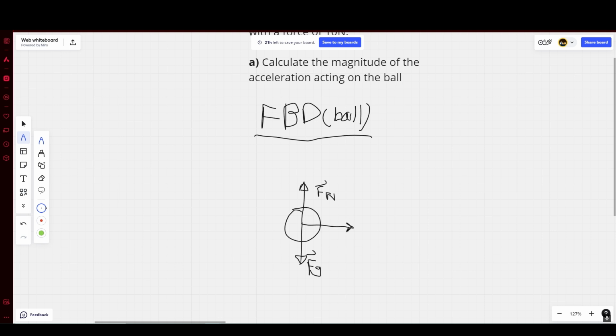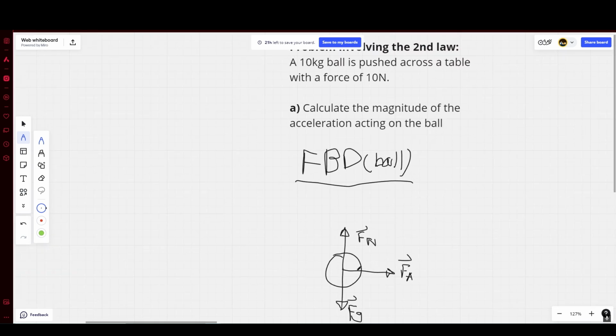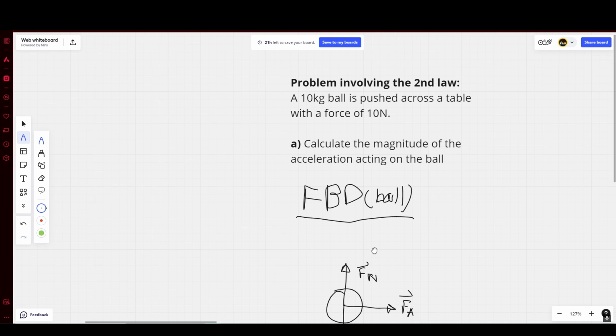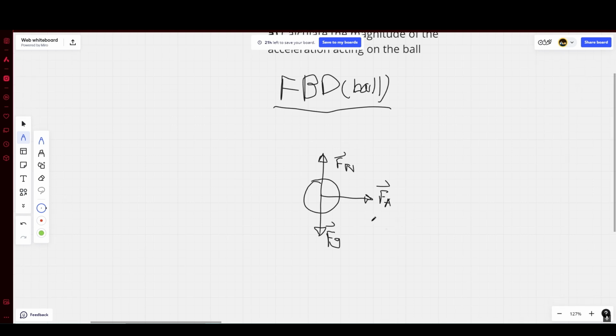And we'll say FA. And what this means is it's an applied force, which literally just means the ball had a force applied on it, and that force was 10 newtons. Alright, that's just what an applied force is. In later episodes, we'll elaborate on strings and tension and how they're also applied forces.